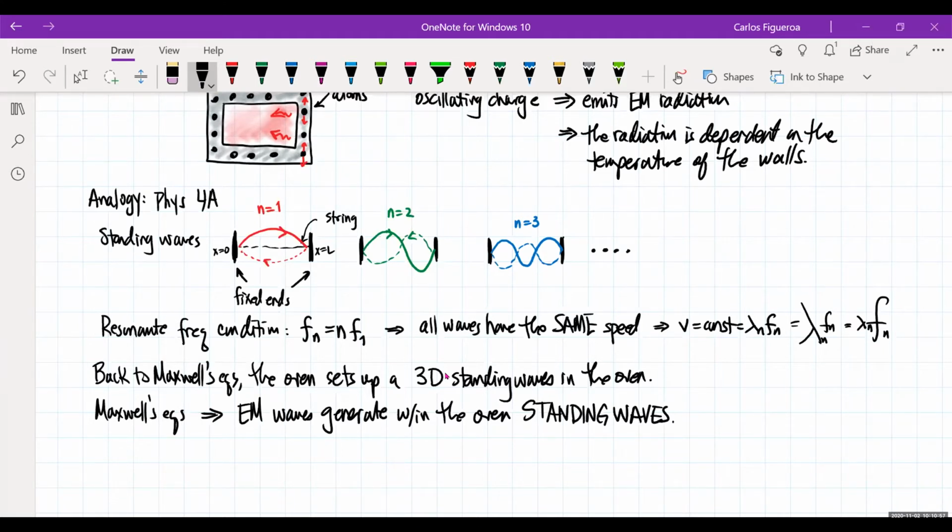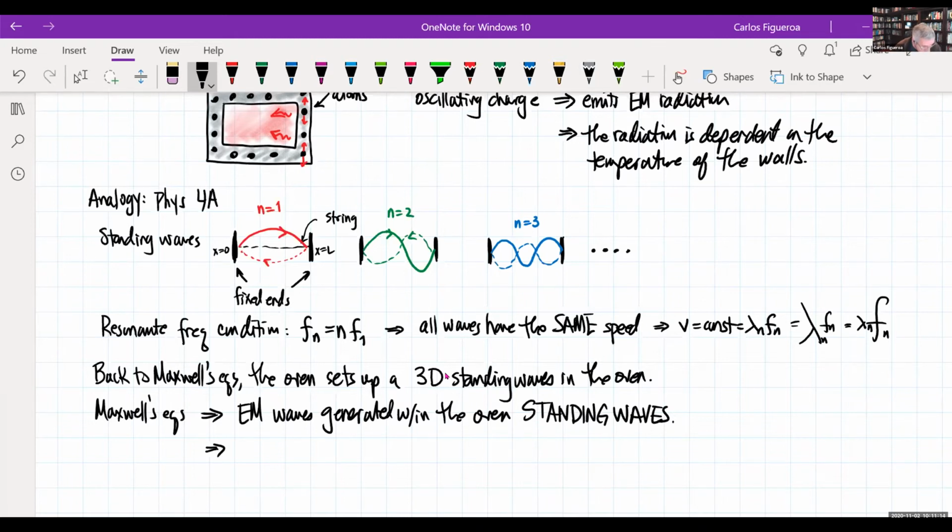Moving on here. So what this really means, but let's be really careful. Standing waves generated within the oven form standing waves. So what does that mean though?